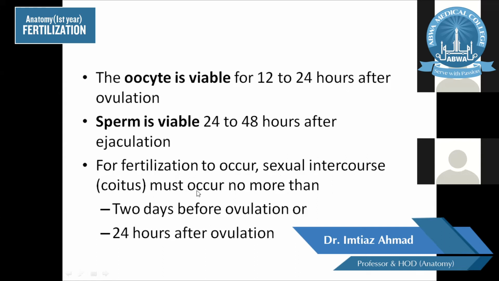And this intercourse causes the ejaculation of the sperm into the vagina. For fertilization to occur, this sexual intercourse must occur not more than 2 days before the ovulation or 24 hours after ovulation. So this is the time framework in which fertilization is possible.